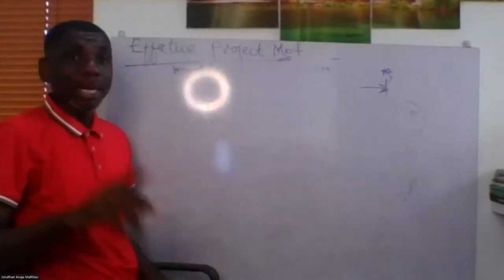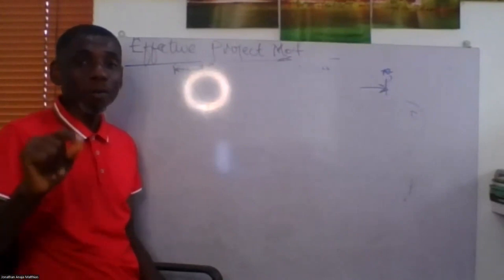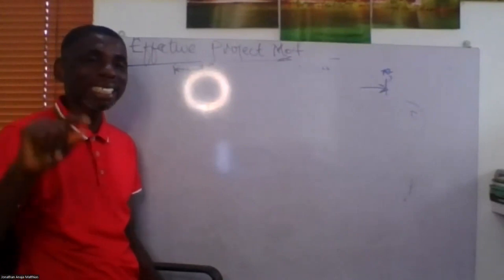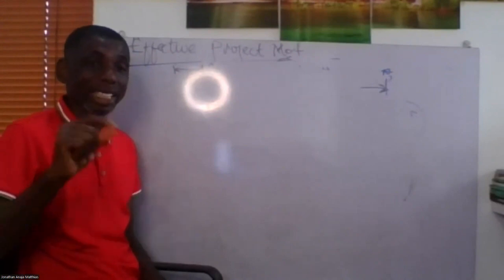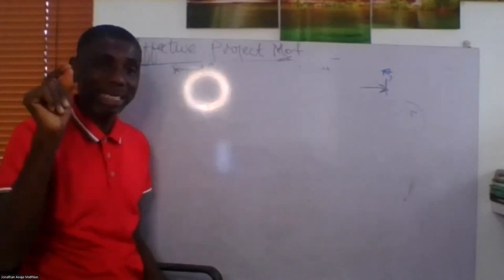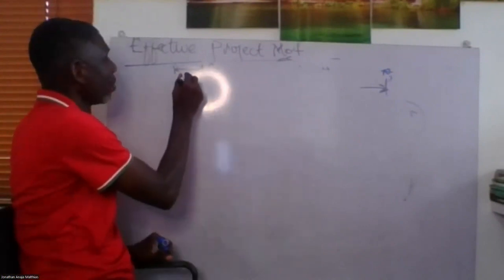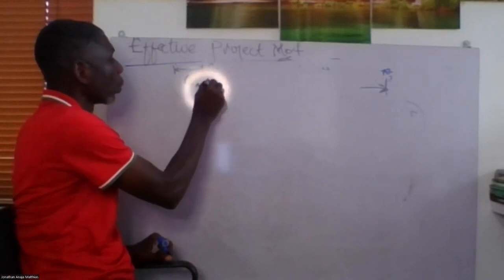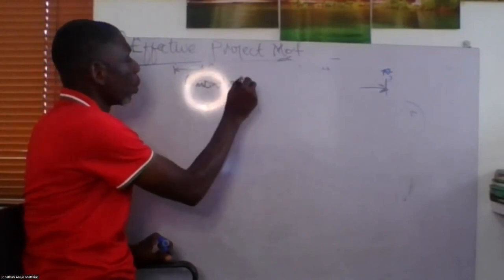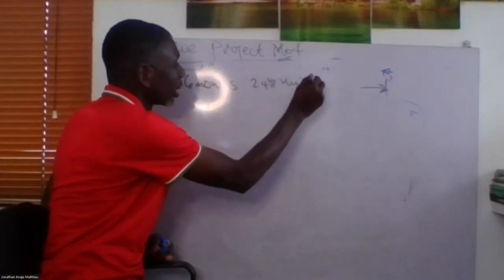Because with an analogous estimate, like I said, you will take your bearing from a recently completed similar project. If it's similar and the conditions are similar, I can easily tell them that, okay, I recently, maybe 6 months ago, did 248 units, right?